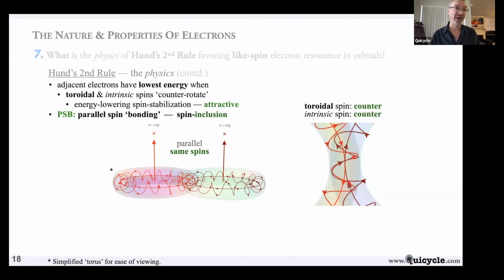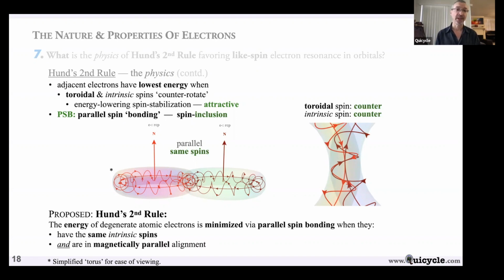Obviously, it's not really a bond, but it's creating a spin inclusion, which is creating a lower energy state, which will make this a more favorable condition for electrons to assume in that atomic situation. So we are proposing that Hund's second rule means that the energy of degenerate electrons will be minimized via parallel spin bonding when they have the same intrinsic spins and when they are aligned in a magnetically parallel way.